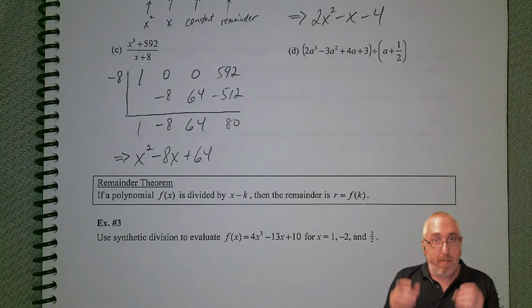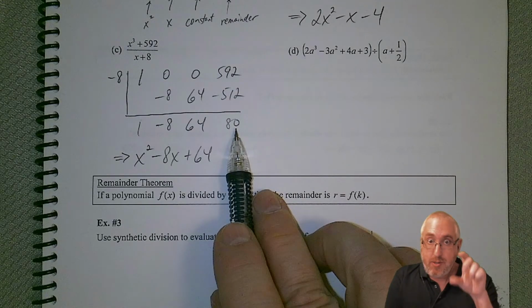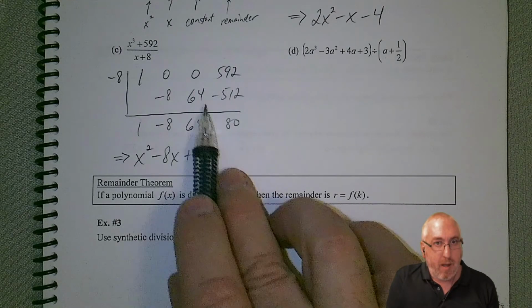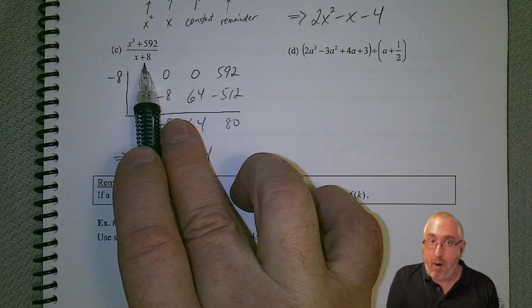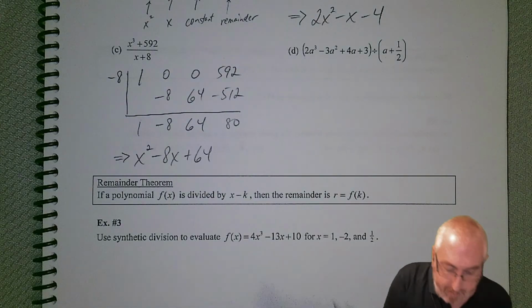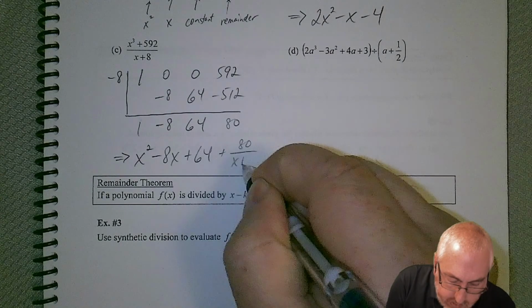Remember, we put the remainder as a fraction. So there's the top, and what's on the bottom? Think of what we did before. That x plus 8 is what we were dividing into it, so that's what goes on the bottom. So 80 over x plus 8.